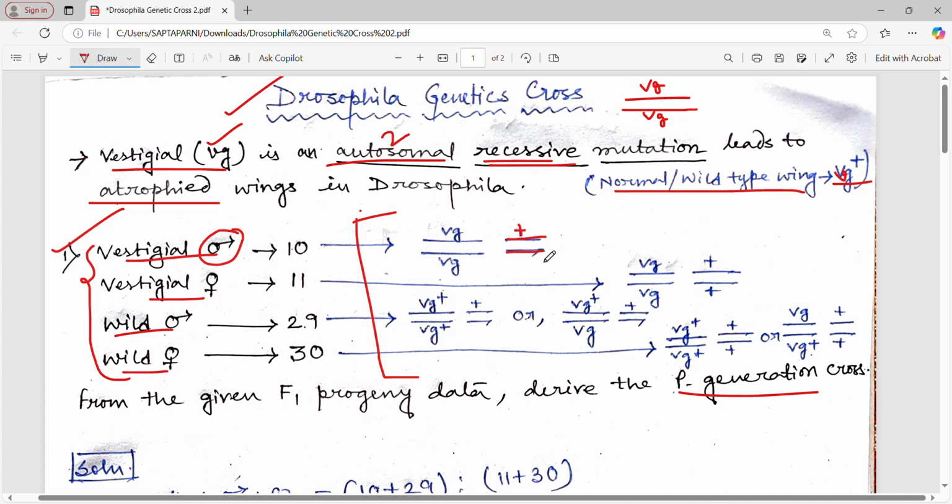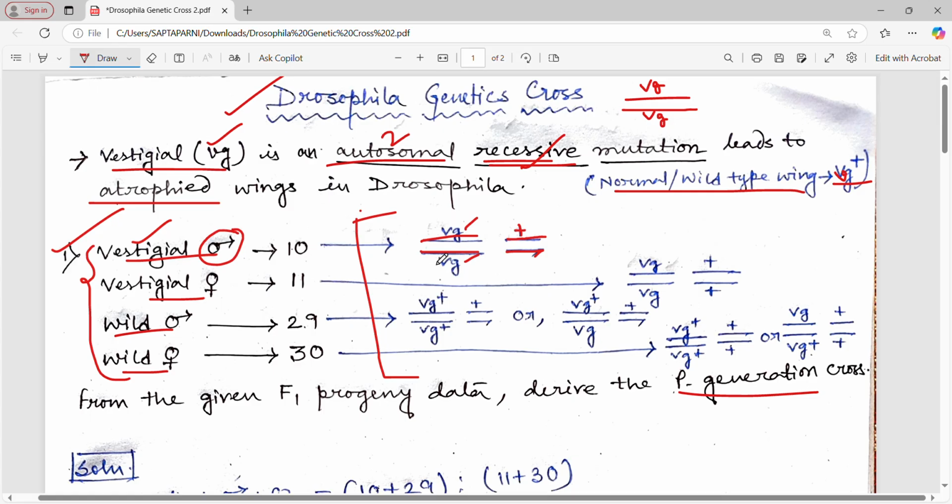Now it is vestigial in nature, its wing is vestigial. That means both the second chromosomes, both the autosomes of this fly, must contain the mutant vg allele, the vestigial allele. As we know vestigial is a recessive mutation, so to express the recessive phenotype, both autosomes must contain the mutant allele.